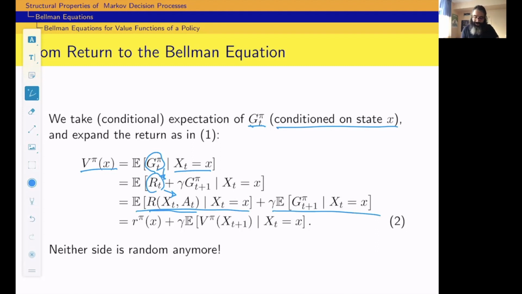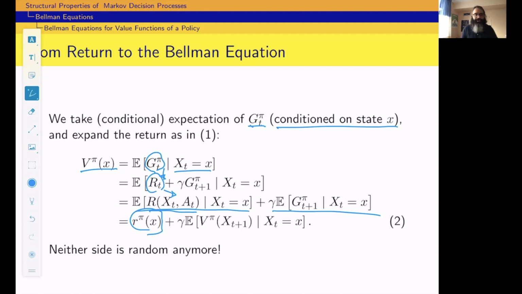Okay, so previously, when we talked about conditional expectation of reward, we had this notation, which is essentially the expected immediate reward. So this is r^pi(x), the expected reward that we get when we are at state x and choose actions according to policy pi, right?